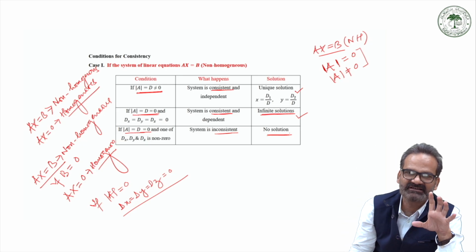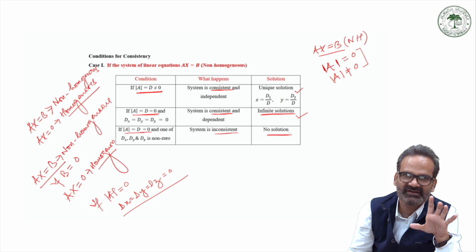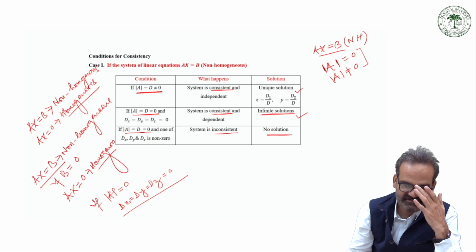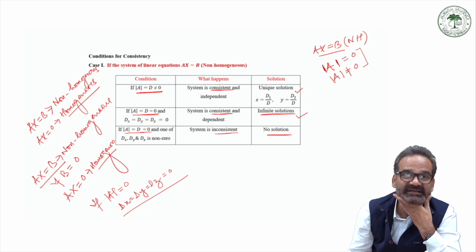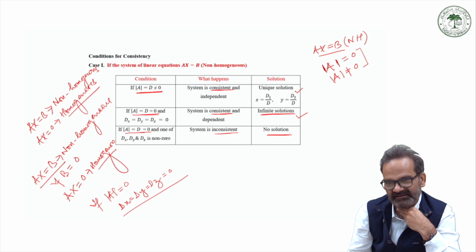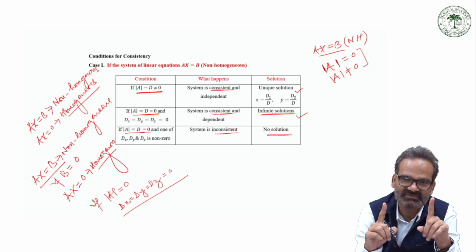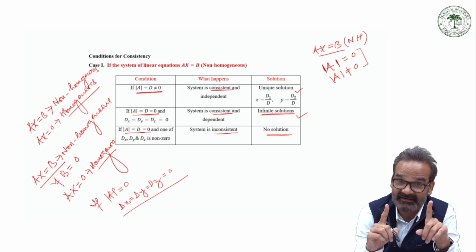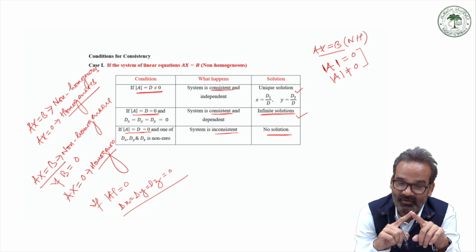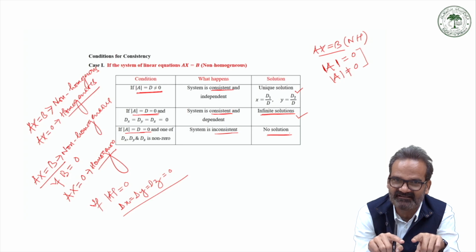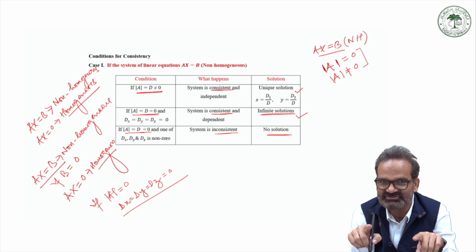So this is the description of the conditions for consistency if the system AX equals to B is non-homogeneous. Clear? Determinant of A is not equal to 0: a unique solution given by x equals D1 upon D, y equals D2 upon D. Determinant of A is 0 and dx, dy and dz are also all 0: then the system is still consistent and it will have infinite solutions.